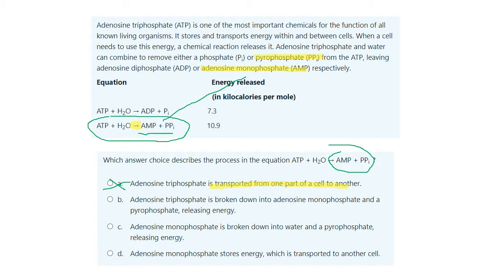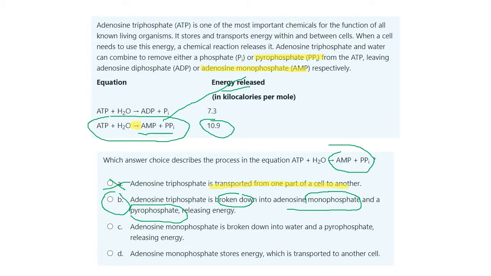B, adenosine triphosphate is broken down, yes, into adenosine monophosphate, yes, and a pyrophosphate, yes. Releasing energy? Possibly. Releasing the energy? Yes, because energy is released. We see here 10.9 kilocalories is released. So B looks like a good answer.